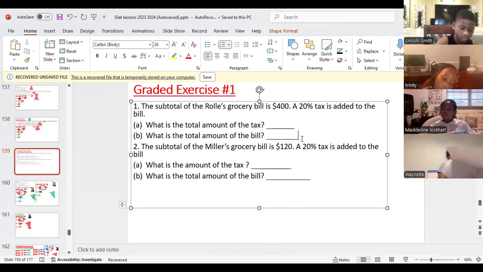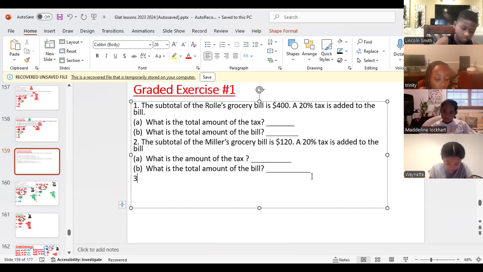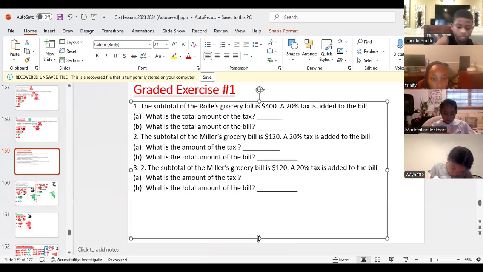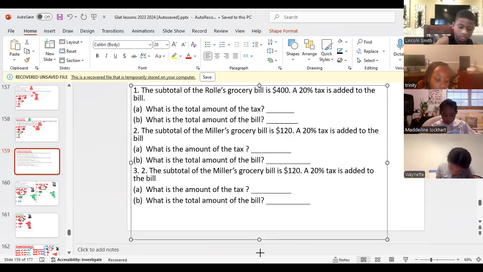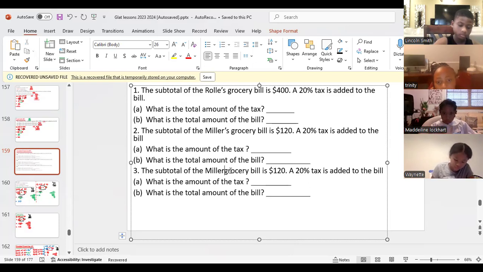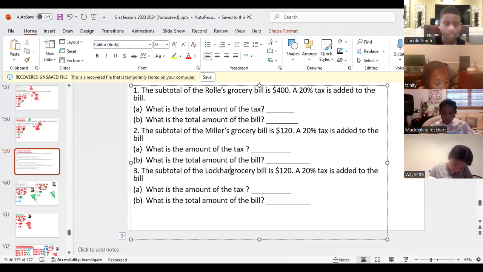And then number three, the subtotal of the Lockharts' grocery bill is 120.